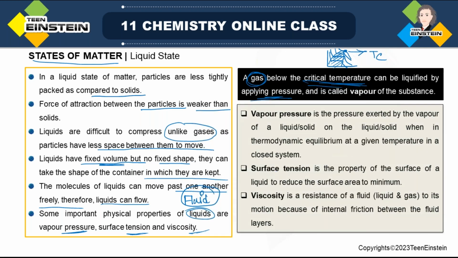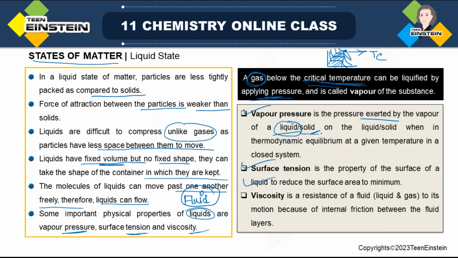So these three properties we will discuss. Here we have the initial idea, what we can say as a definition. Vapor pressure is the pressure exerted by the vapor of a liquid or solid. Mainly here we will focus on liquid, not solid, because sometimes there is also direct conversion from solid to gaseous state, but we are not focusing on that.